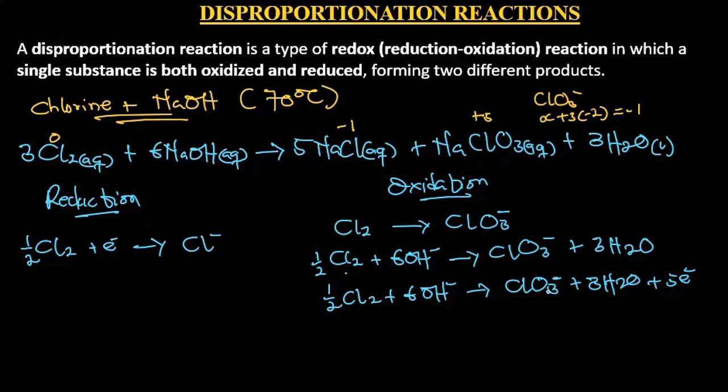So this is the balanced oxidation half. Remember, this is oxidation, and so we are going to have the electrons on the right, and for reduction, the electrons are supposed to be on the left.